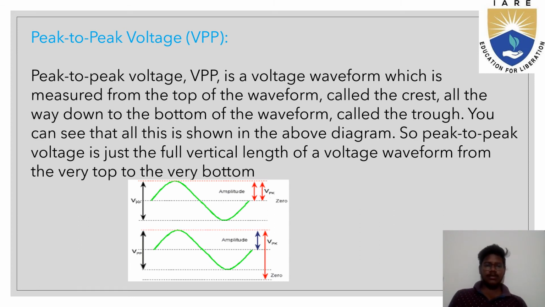So peak-to-peak voltage is just the full vertical length of the voltage waveform from the very top to the very bottom. In this graph, we can see the peak-to-peak value and the amplitude of the sinusoidal wave. Here the graph is between peak-to-peak value versus time variant.